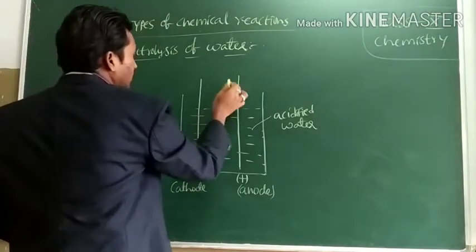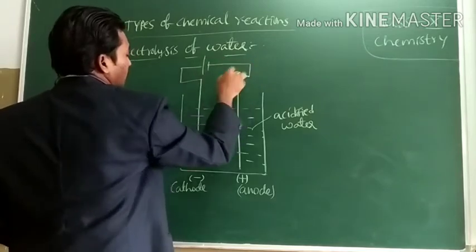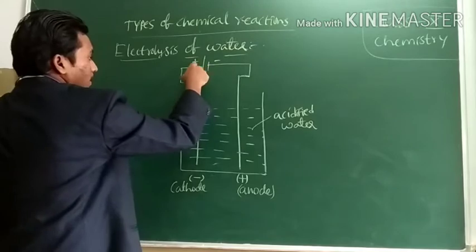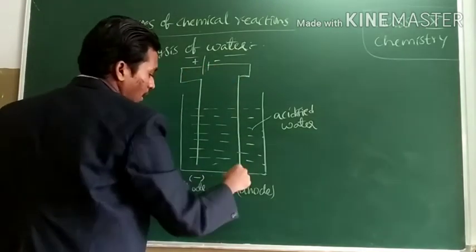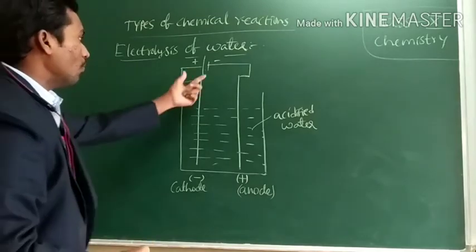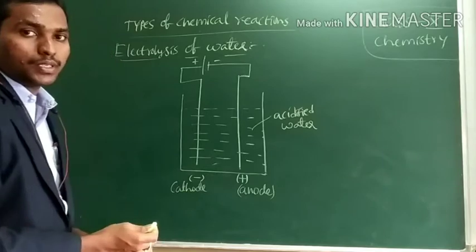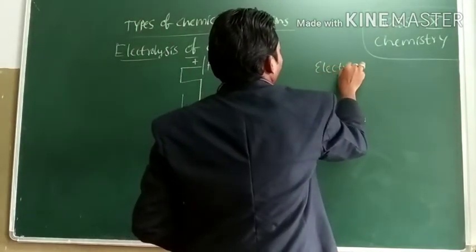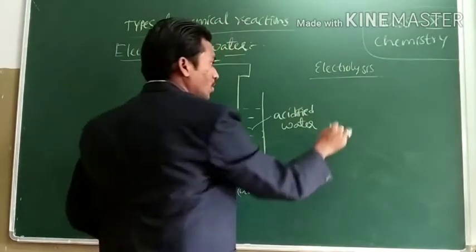Now connect the terminals of the battery to the electrodes. When electricity passes through the electrodes, electrolysis takes place. Electrolysis means decomposition of water takes place.